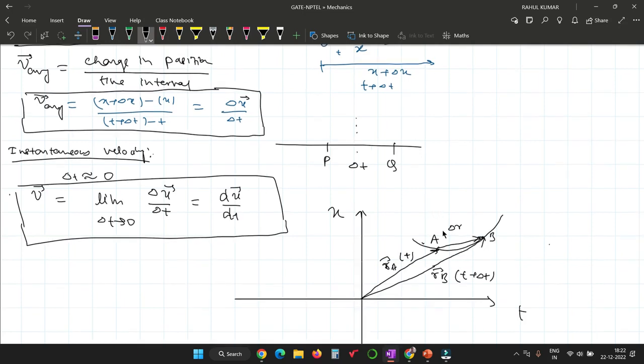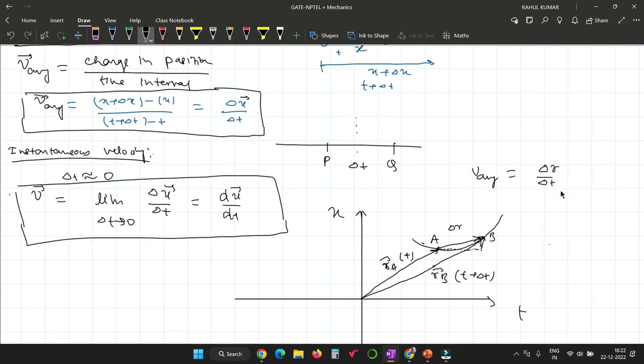So here, suppose it is delta r, and if you divide delta r by delta t, what will you call it? Average velocity. Here you can form a triangle.